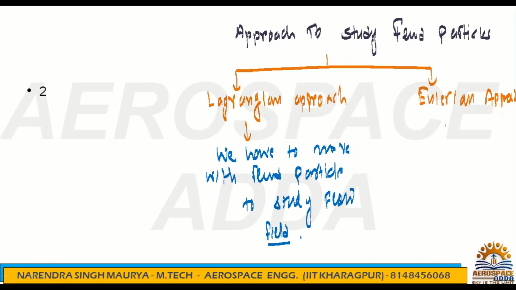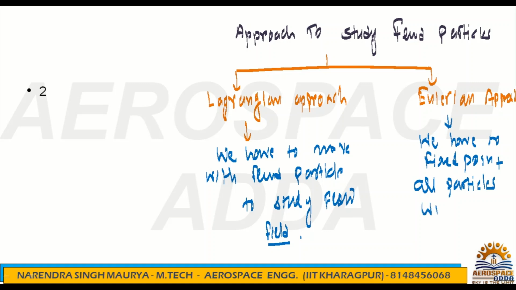What is the Eulerian approach? For the Eulerian approach, we fix a point somewhere, and all particles move through that point.